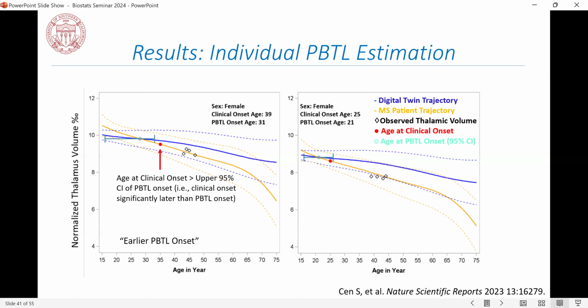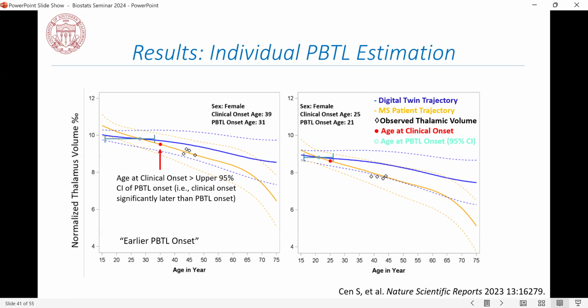The second patient also came to the study around age 40, with the first observation around 40, and this patient has a clinical onset at age 25. Look at these two. The green dots are the progressive brain tissue loss onset age predicted from the model, and then we have the confidence interval. The red dots are the clinical onset age.